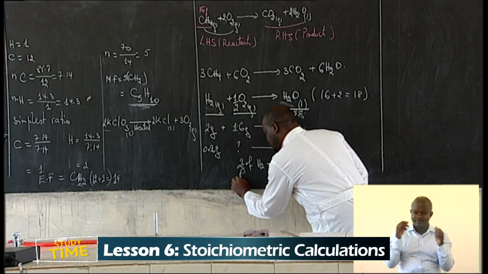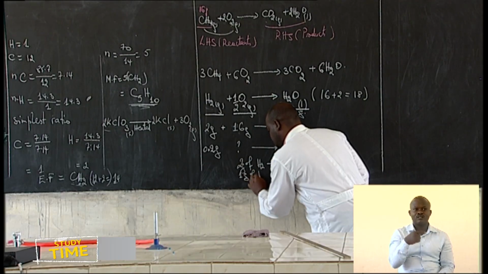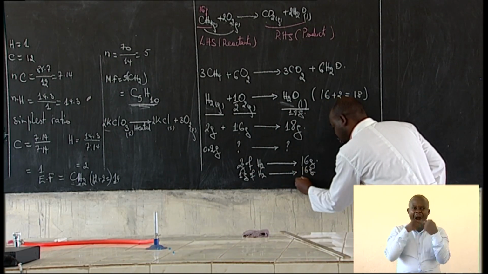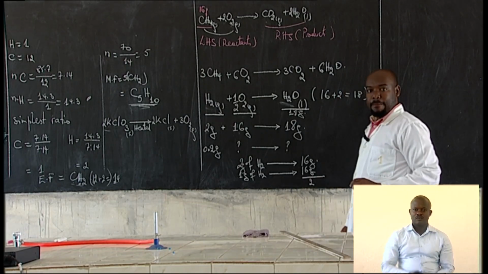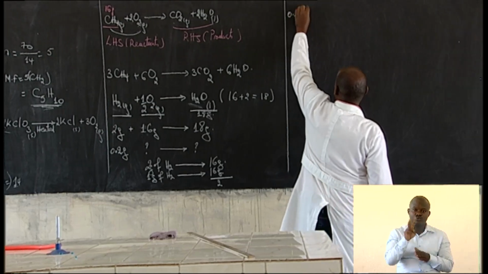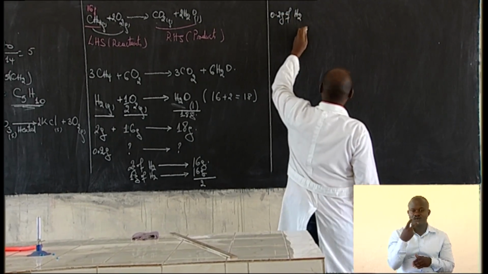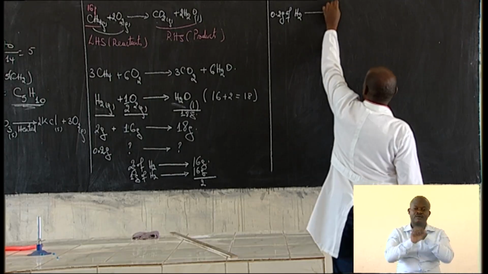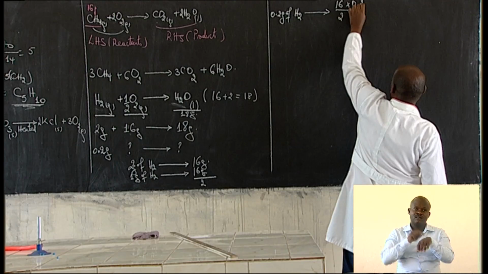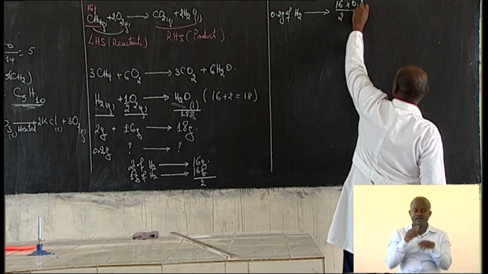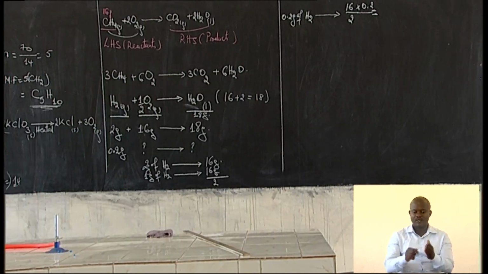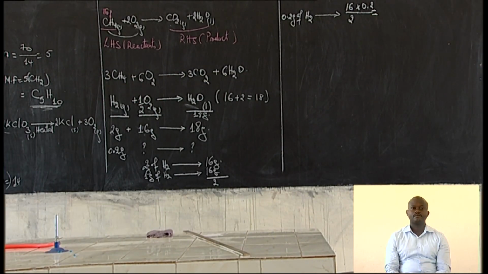Now, if we have 1 gram of hydrogen, it will combine with 16 grams over 2. And if we have 0.2 grams of hydrogen, this will react with 16 over 2 times 0.2, and what do we get? You can use your calculators, and here is what we get.